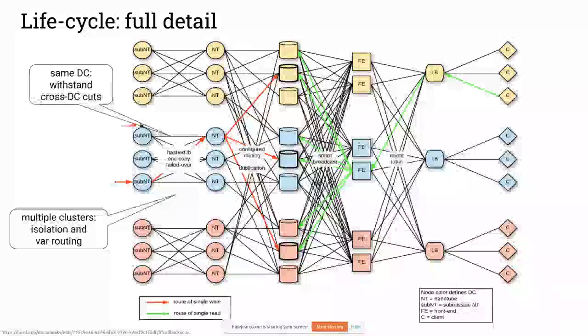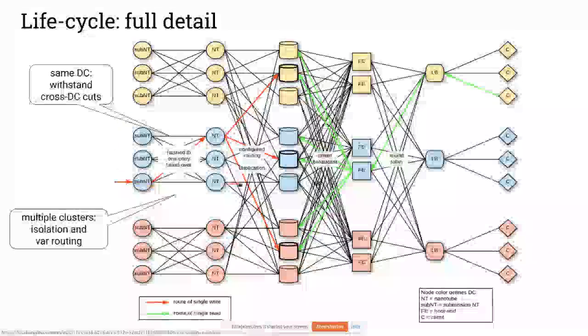As just described, there are submission nanotubes or submission relays that then route data to nanotubes. And each of these has its own pool of nanotubes and does the load balancing. So it's a hash load balancing. We send 1 copy and it has failover, so it's able to detect when a nanotube goes down.